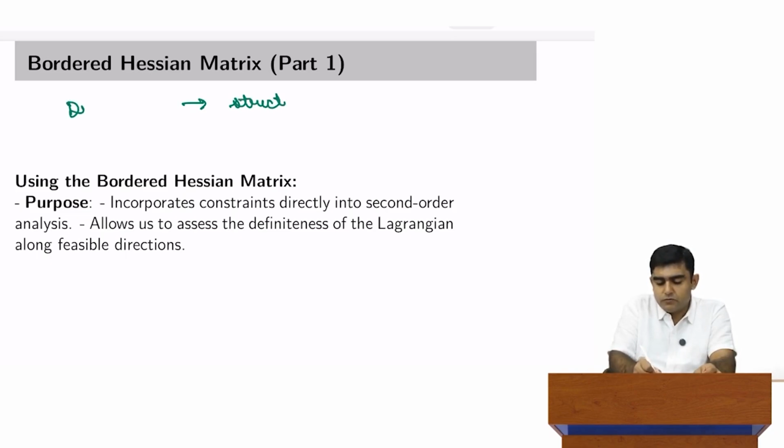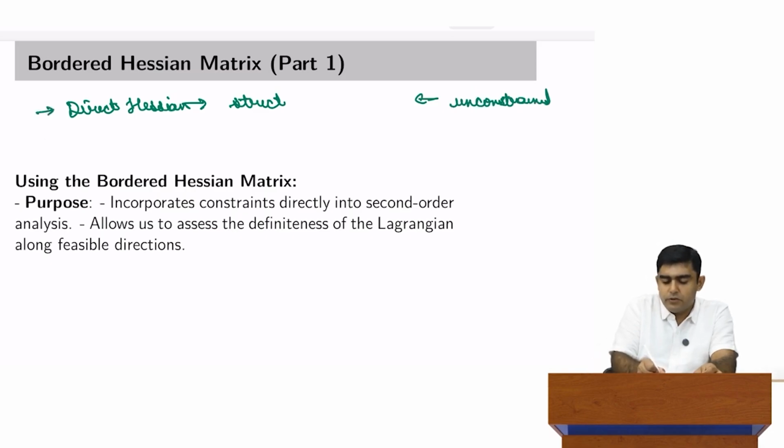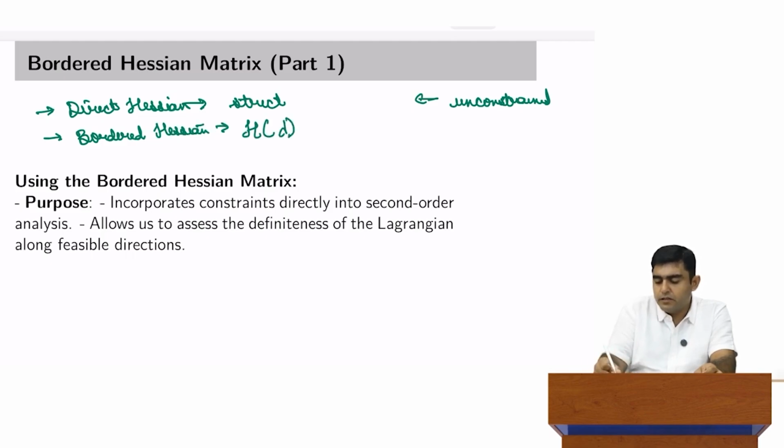I would use two terms: the direct Hessian, which we used in the case of unconstrained problems, and another term that we are going to use, the bordered Hessian, which is typically associated with the Hessian of the Lagrange function, and we use it for constrained problems.